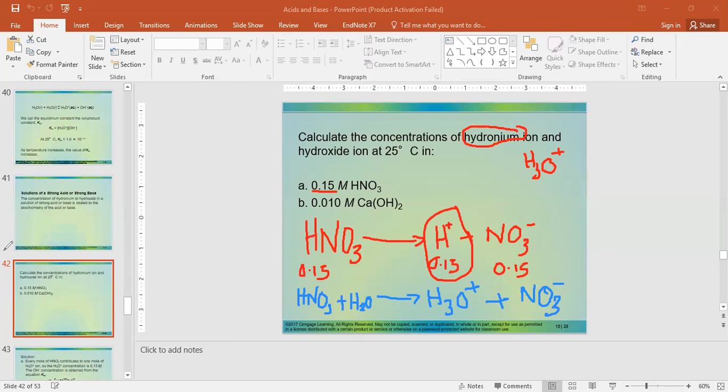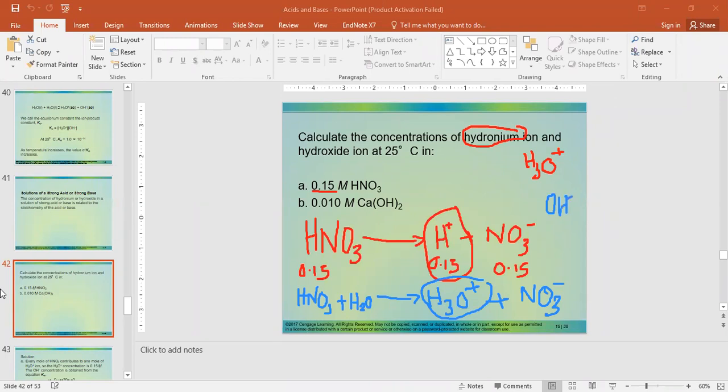So again, the reactive mole ratio here is 1:1. And what we are interested in these calculations are the concentration of this hydronium ion, and the concentration of hydroxyl ion.